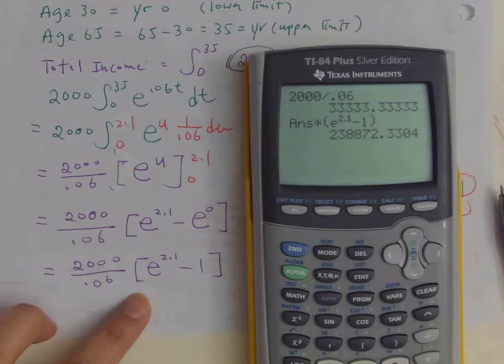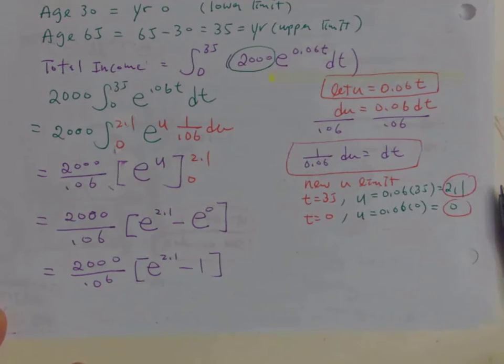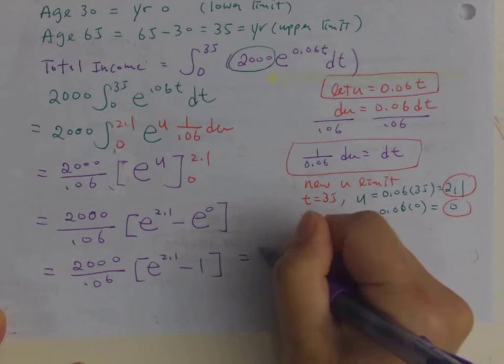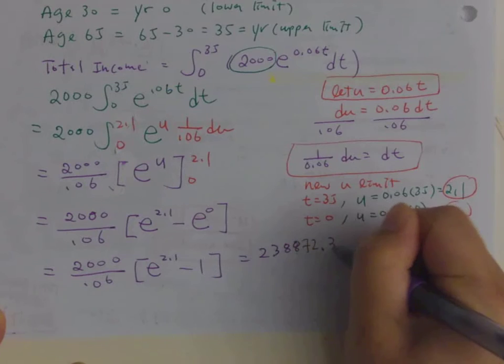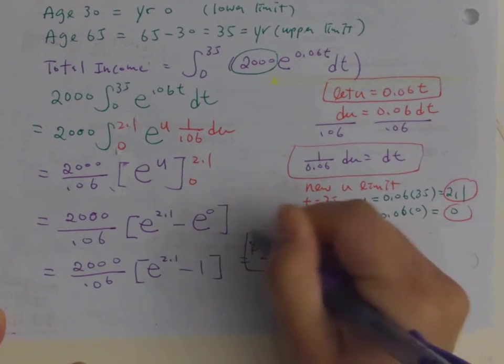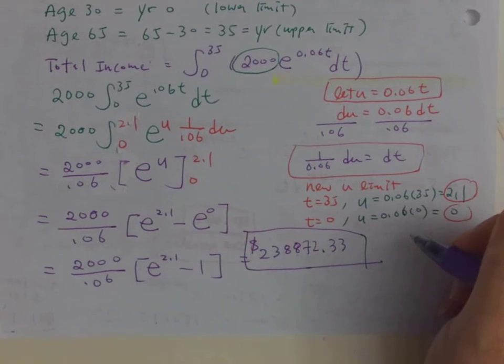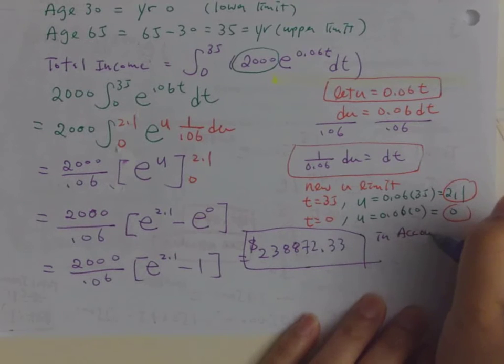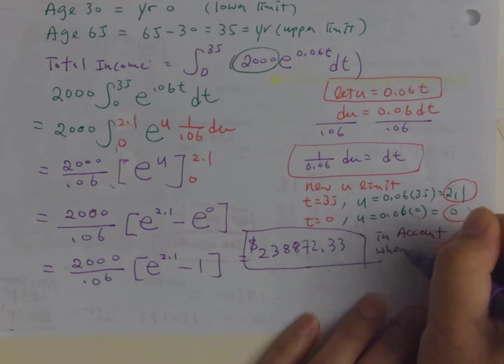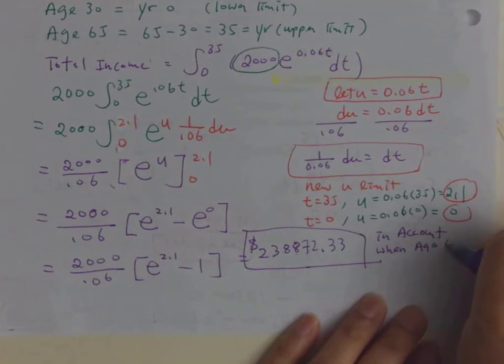So your answer should be 238,872.33. So that looks correct. I'm going to write that down. So it'll be 238,872.33. So that is the total amount you have in the account after 35 years, in the account when your age is 65.